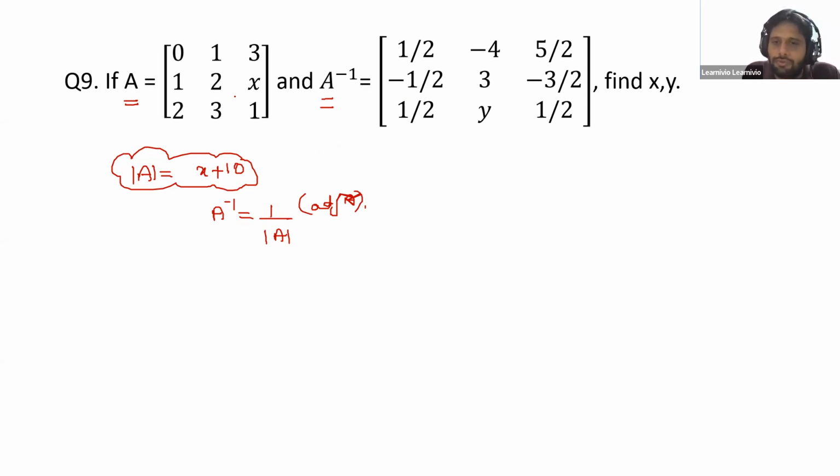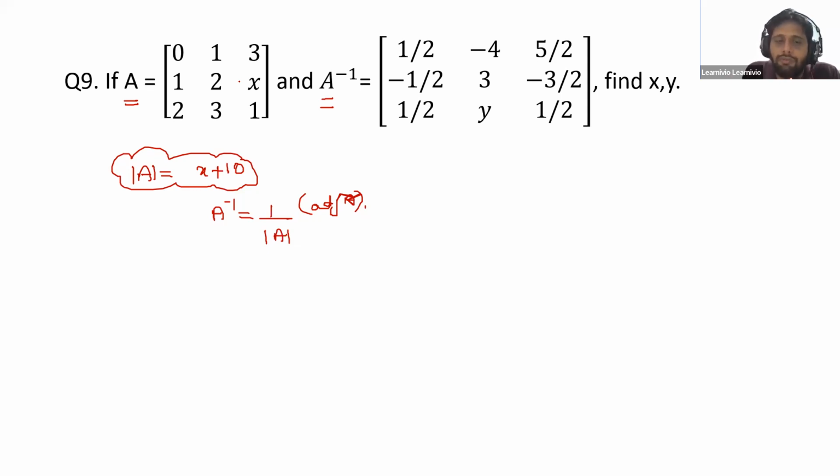This approach is also correct, but the question will become very complicated because first of all, you will get a determinant in terms of X. After that, you will find the adjoint, and in some elements, you will get X. Then you will divide those by the determinant.